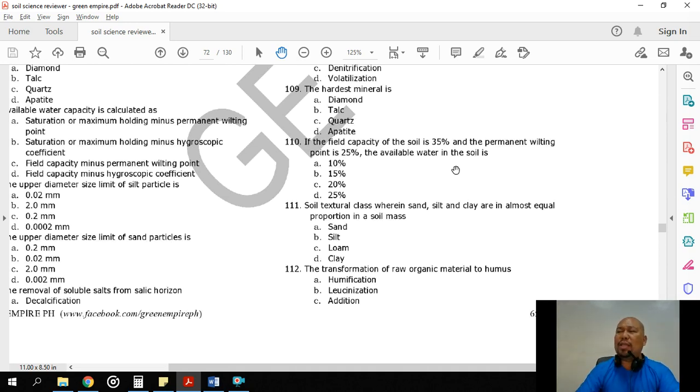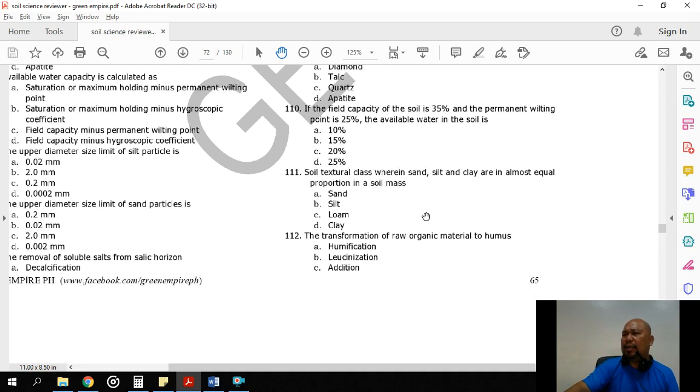What is 10% of 30 centimeters? That's 3 centimeters. So the available water is only 3 centimeters in a soil column that is 30 centimeters deep.